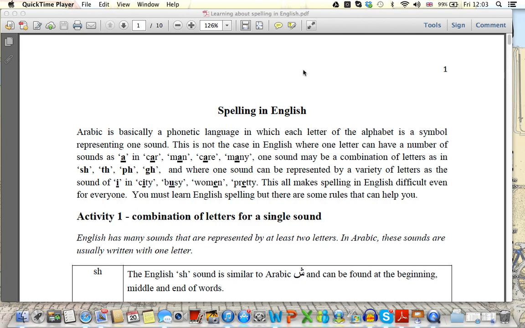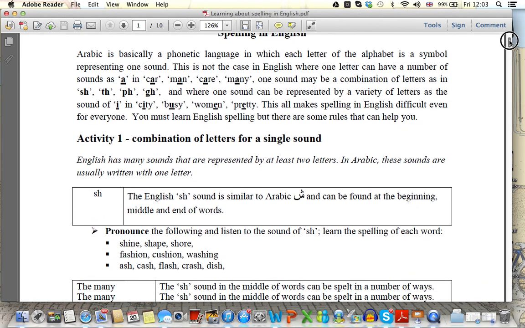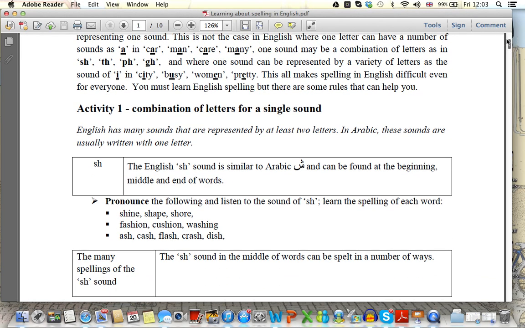when spelling. So let's look at activity 1 here, where we have a combination of letters for a single sound. The first one of these is SH, and you see how this is represented in Arabic with one letter. In English, we have two letters, sh. So if we look at the pronunciation here, at the beginning of words we find shine, shape, shore.